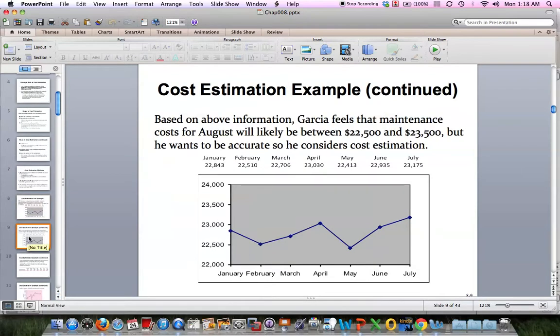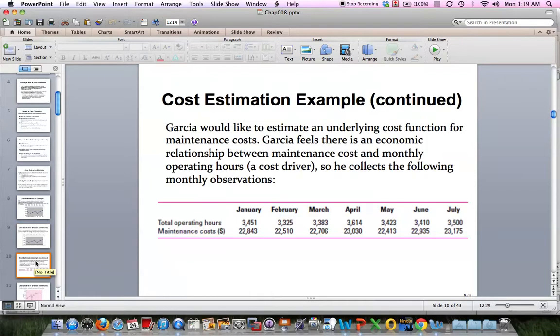And so based on this information, Garcia feels that maintenance costs for August, and so you can see we've got 7 months worth, January through July, and he's estimating that it's pretty easy to assume that somewhere in August, cost will be between 22.5 and 23.5, because our low is 22.5 and our high is 23,175, so a broad range would be somewhere in between the high and the low that he sees.